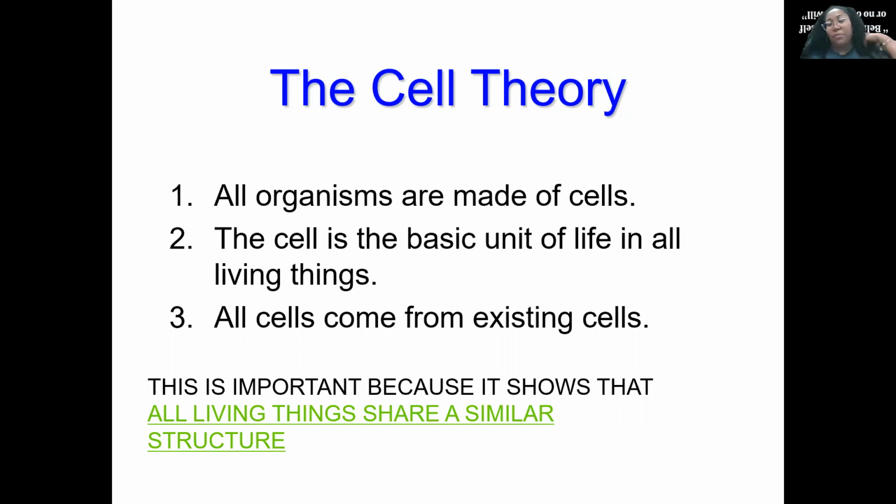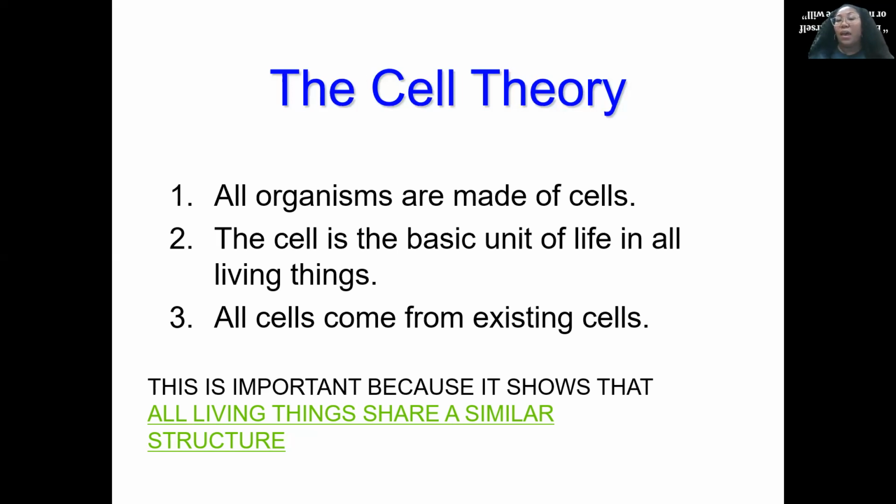So you had this German scientist named Matthias Schleiden, and he came up with the conclusion that all plant parts are made of cells. He studied plants, and plants are considered living things. So if plants are considered living things, plants must be made up of cells. Another German scientist came up behind him, and he concluded that all animal parts are made up of cells.